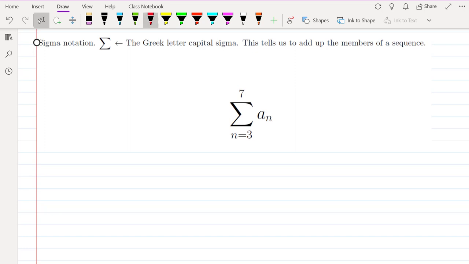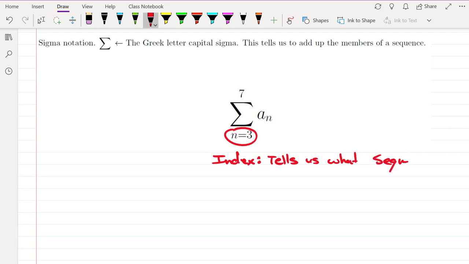So in this notation, down here at the bottom, we have what is called our index. And the index tells us what sequence member to start at. So in this case, it's telling us to start with the third sequence member.